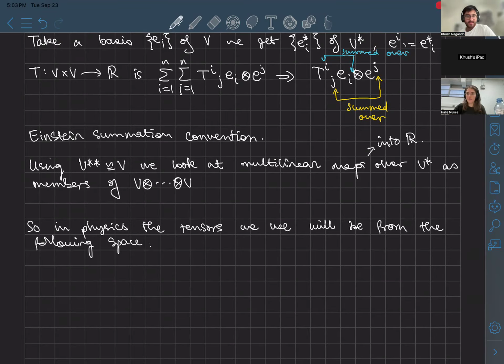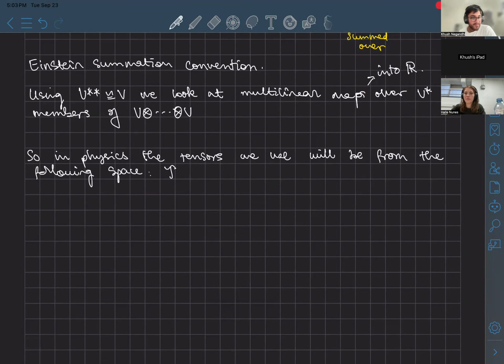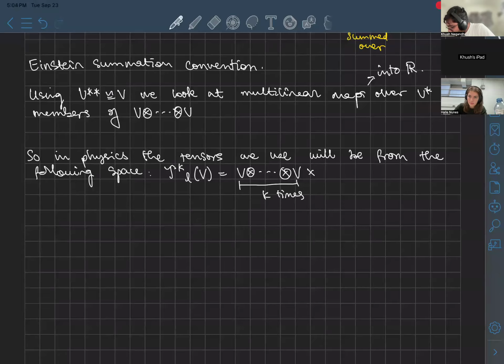There isn't any good convention about this really, but I'll call this fancy T, K L over V, and this is going to be nothing but V tensored with itself K times, and then V dual tensored with itself L times.